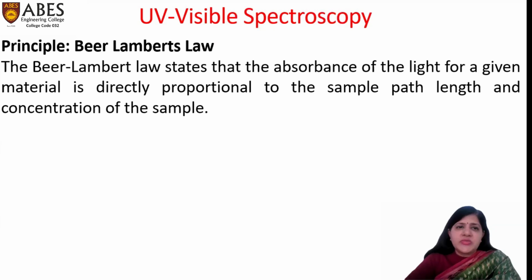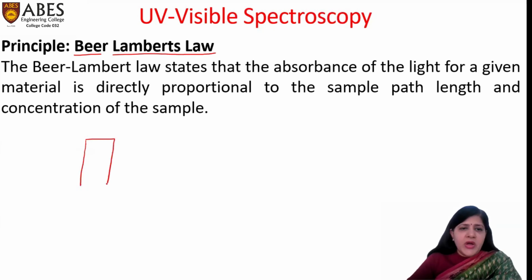The principle of UV visible spectroscopy is Beer-Lambert's law. Beer-Lambert's law says that when monochromatic light is allowed to pass through a medium, the medium absorbs some of the light and the remaining light passes through it.